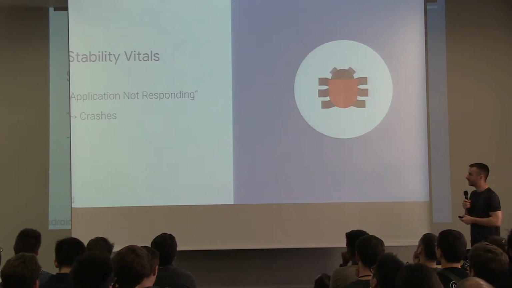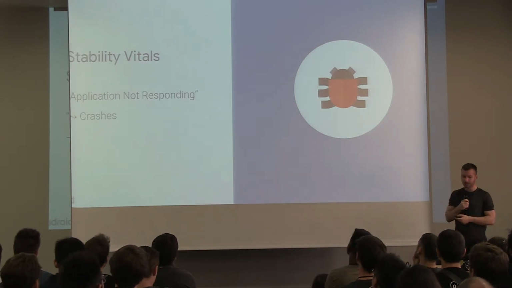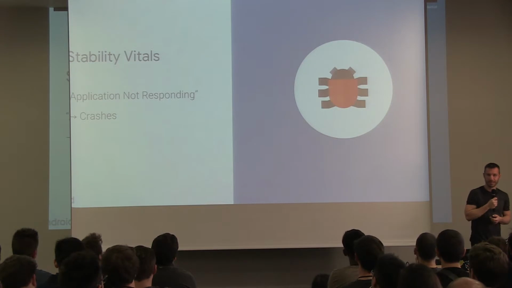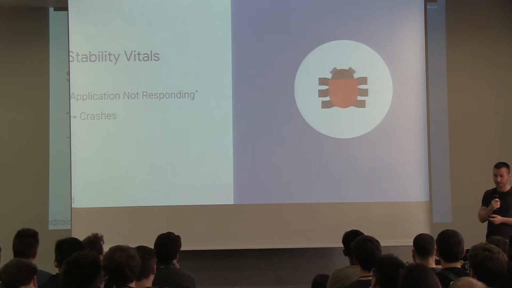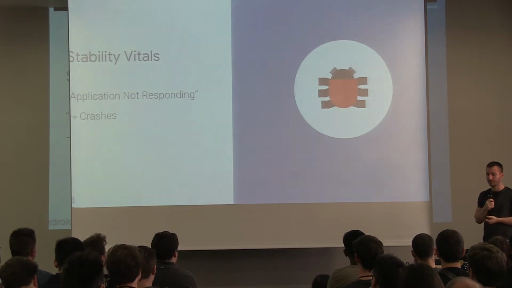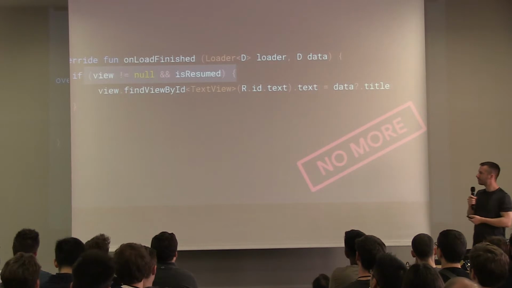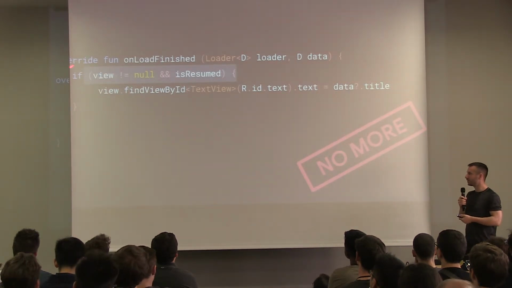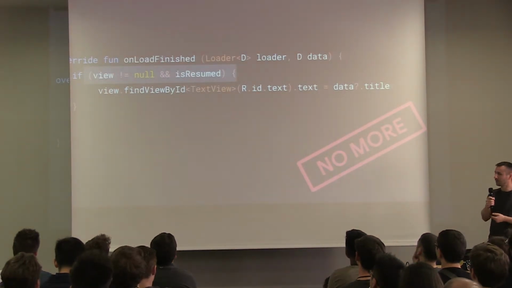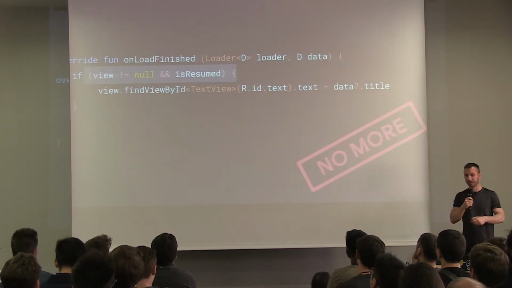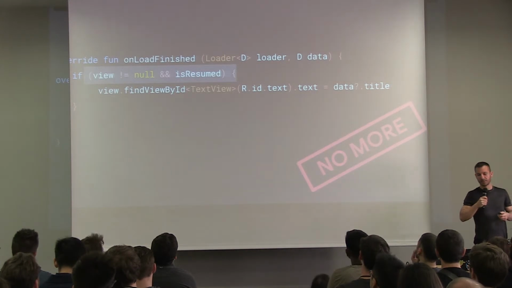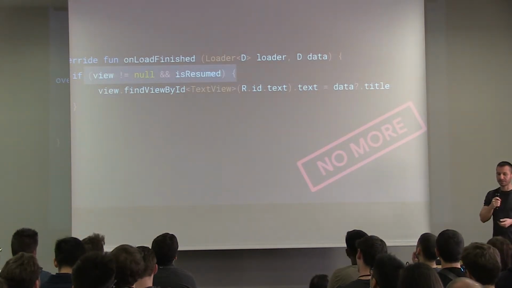Okay, so let's talk a little bit about crashes. Crashes happen a lot, and that's because either we missed something while we're dealing with, again, threads or activities or lifecycle, and we try to code defensively. We do a lot of this ugly code. We check for nulls 5 times, and then we try to track the lifecycle of our activities and make sure that our UI is still active.